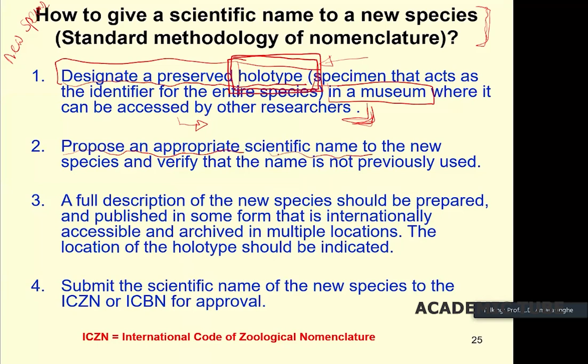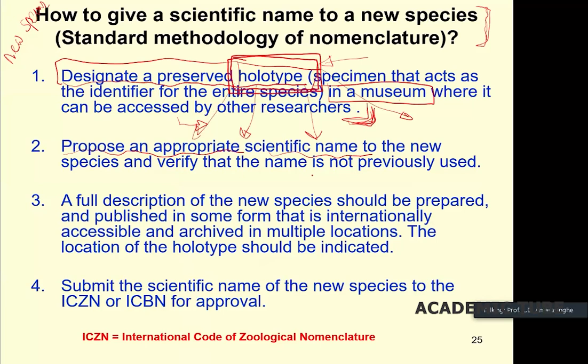You can decide based on the features available, or the place where it was found, or the person who identified it. That is left to the person who found it, but it should be binomial nomenclature.